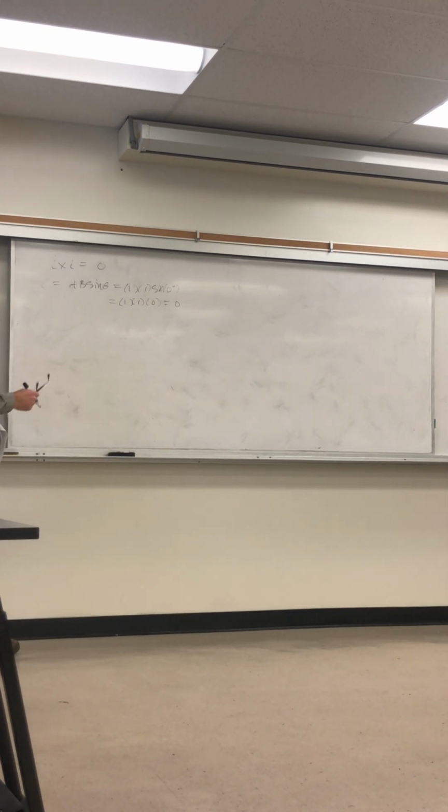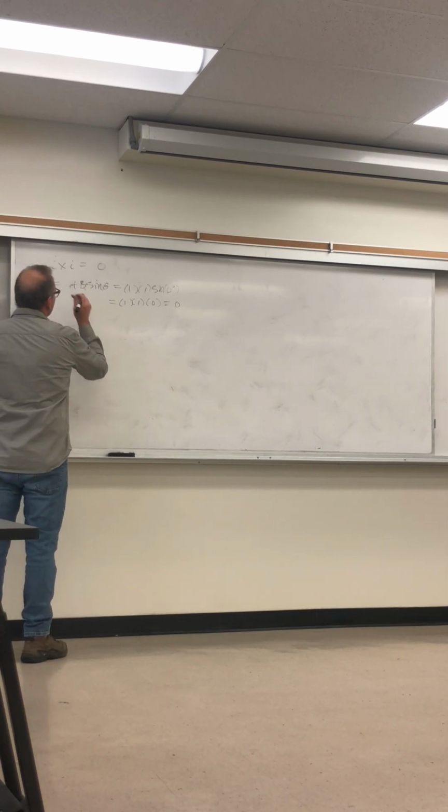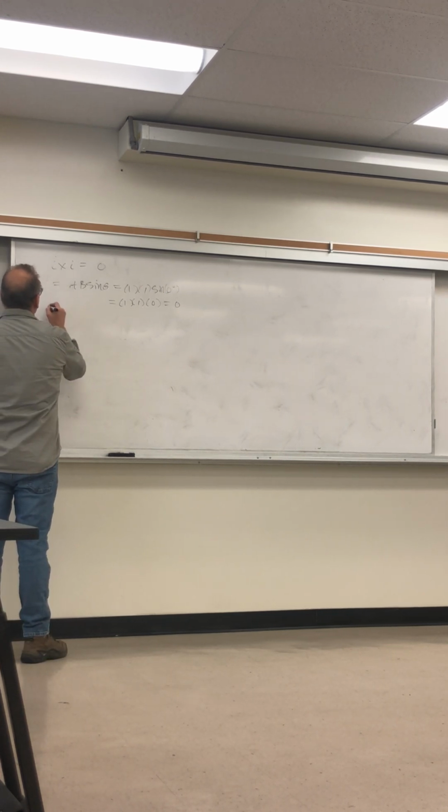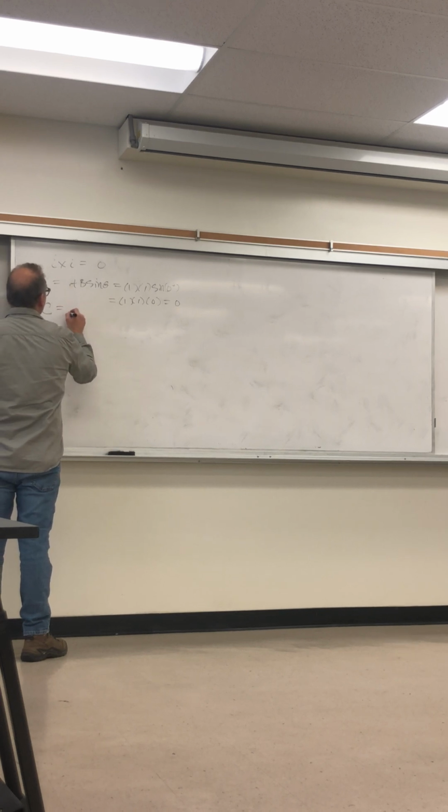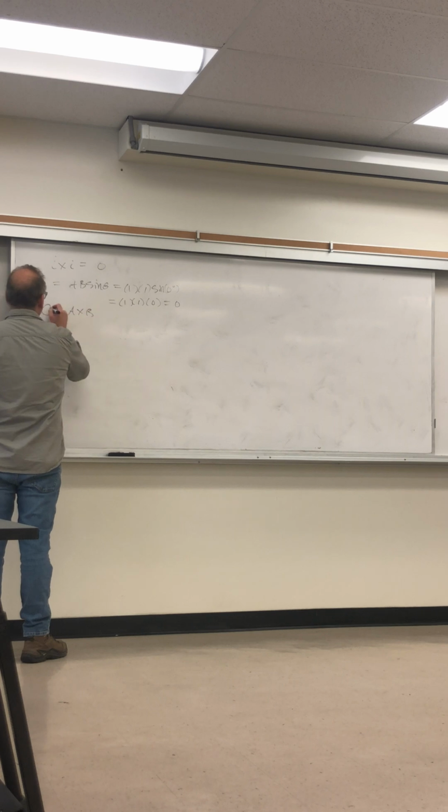So this gives us, for the cross product, C is A cross B. This is the vector.